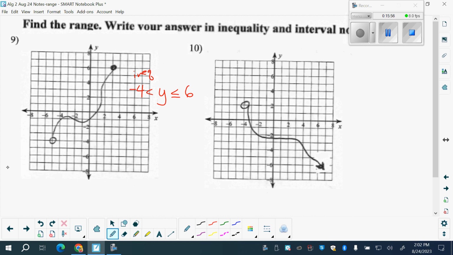So now we want to do interval. -4, comma, 6. Bracket here, oops, sorry, bracket here, parentheses here. Does that make sense? Because this is open here, and then this one is closed.